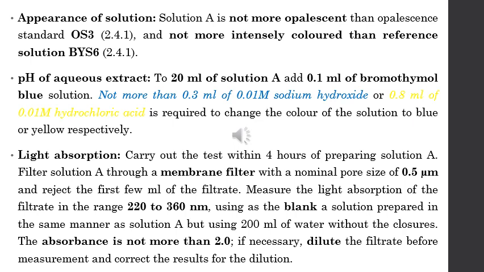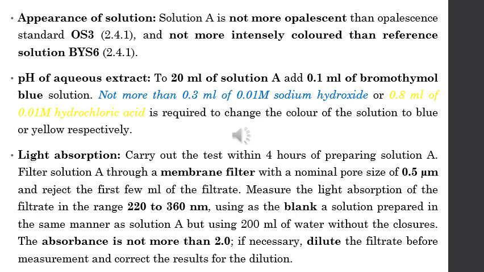Next test is the pH of the aqueous extract. Now to perform this, we have to take 20 ml of solution A. To this we have to add 0.1 ml of bromothymol blue and titrate it with sodium hydroxide or hydrochloric acid.